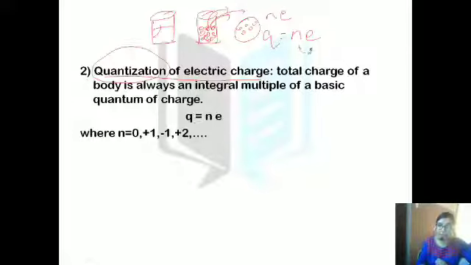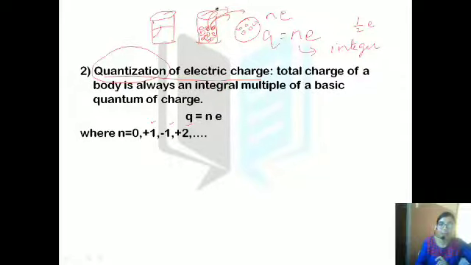And n is what? An integer. Integer means it can have the value 0, plus 1, minus 1, plus 2. When we have positive charge it will be plus, when we have negative charge it will be minus. But we cannot have half of e. We cannot transfer half of the charge, just like we cannot transfer half of a hailstone.